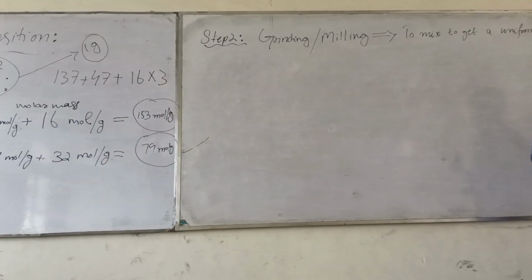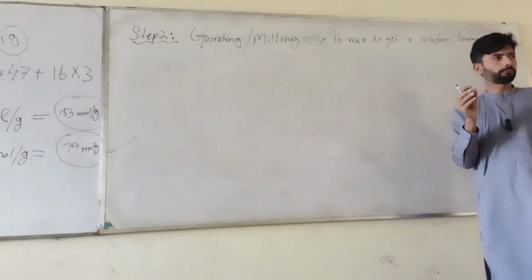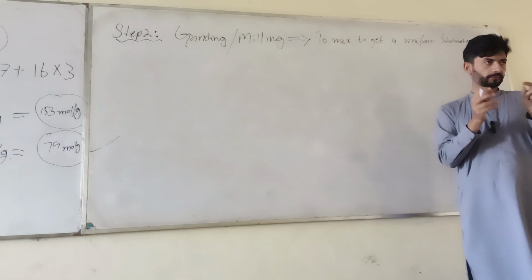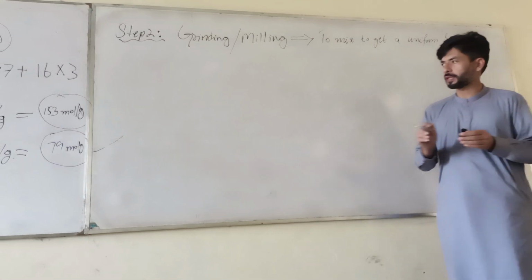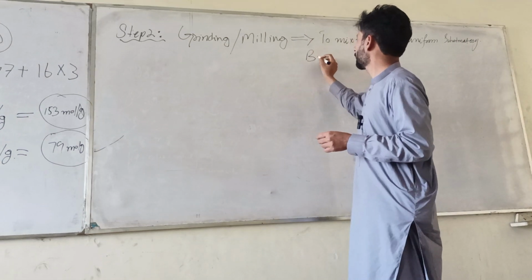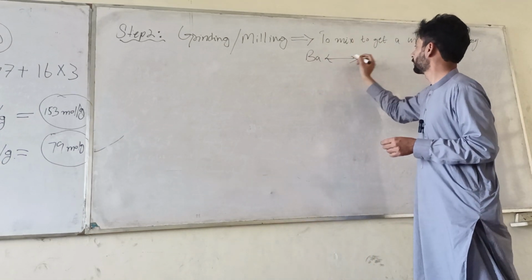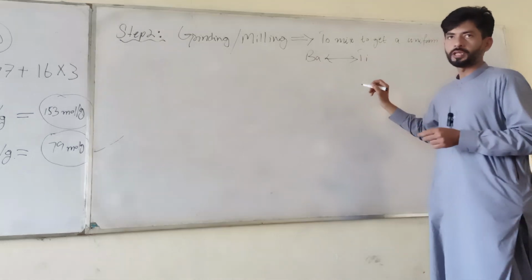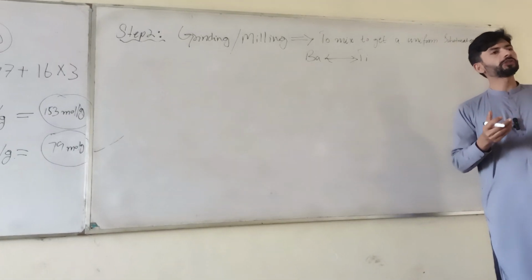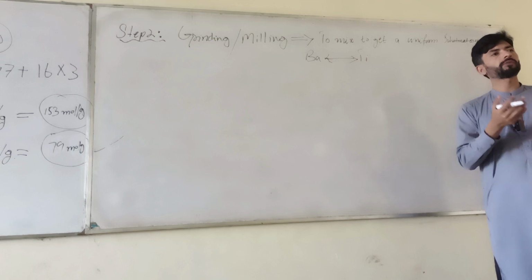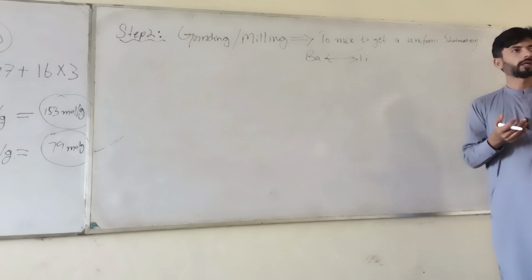And the reason behind this is that if the materials in powder form are very near to each other, for example, if barium is very near to titanium, then it should be easy to form a phase like barium titanate.